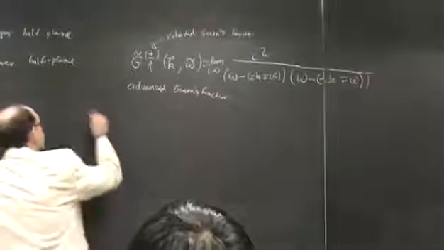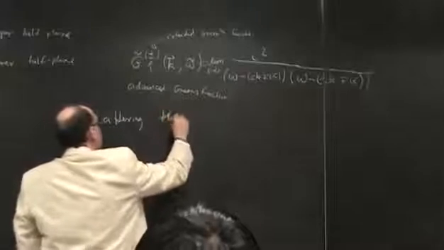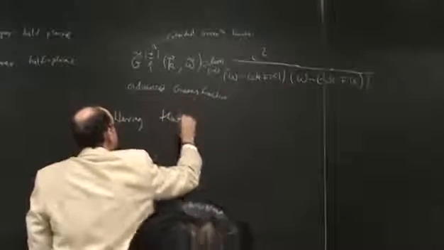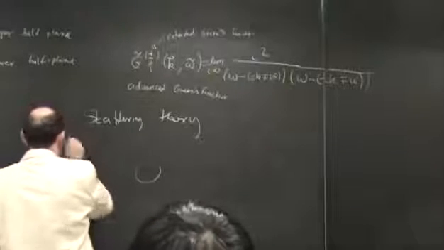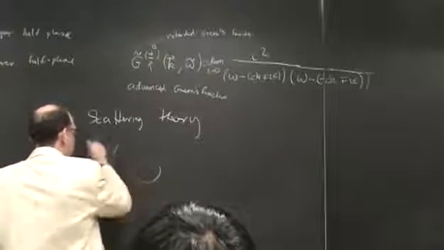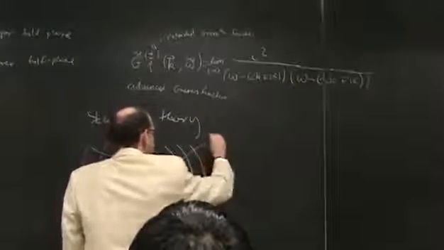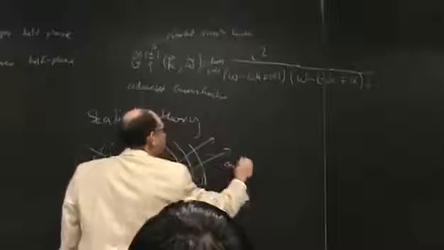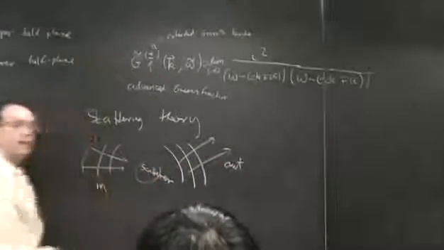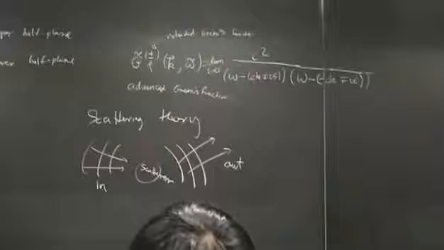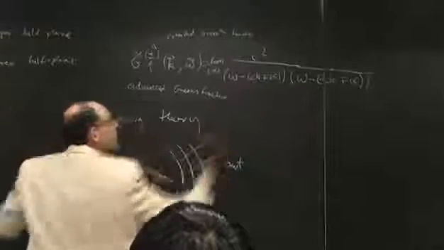In scattering theory, one typically is thinking about a situation where we have some incoming wave and some outgoing wave, and we have some scatterer in the middle, having to do with asymptotic boundary conditions.